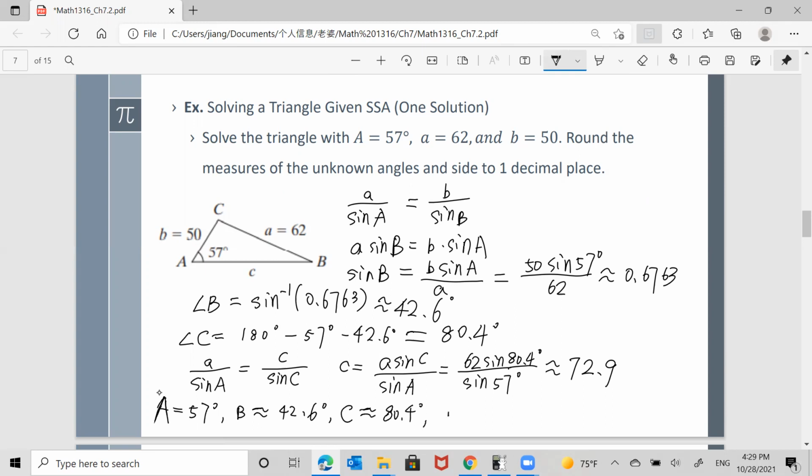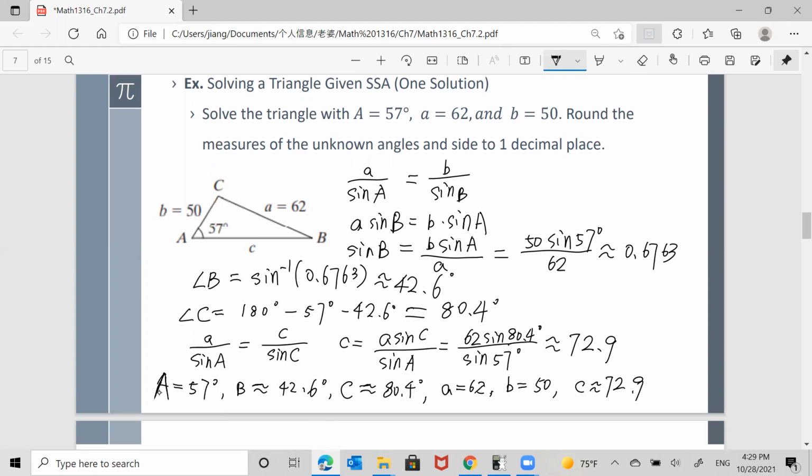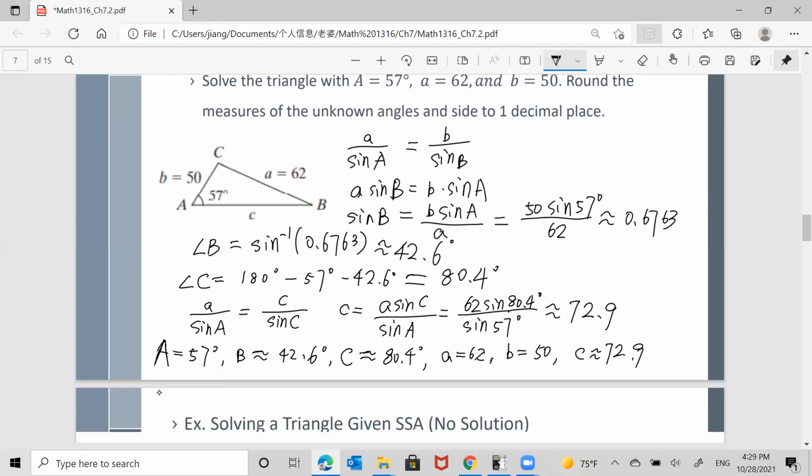And a equals 62. b equals, it's given, is 50. So c is about 72.9. Okay, this is the way how we solve this question.